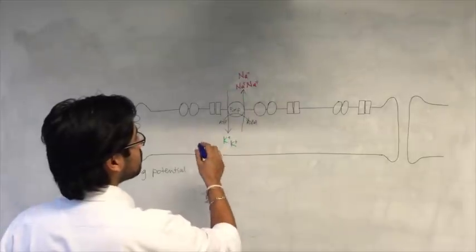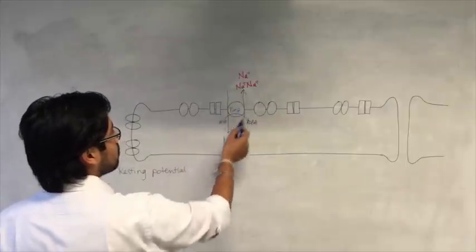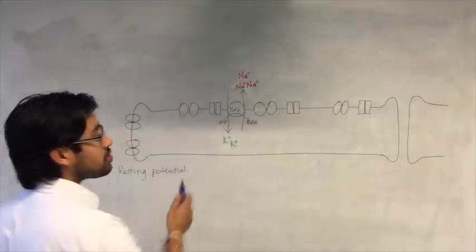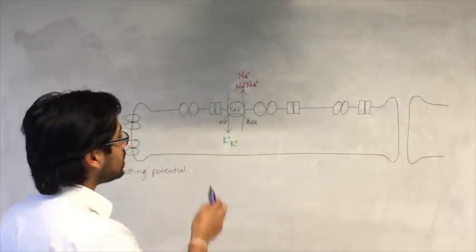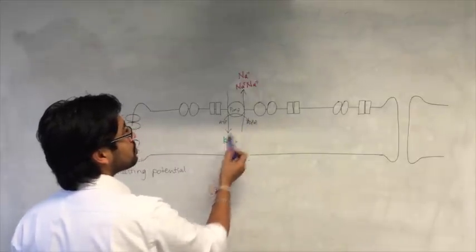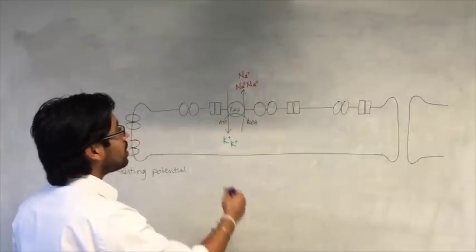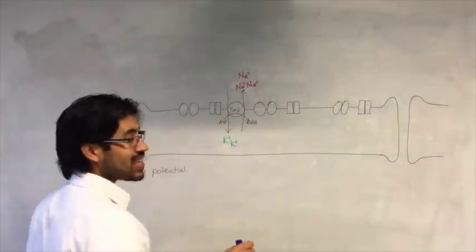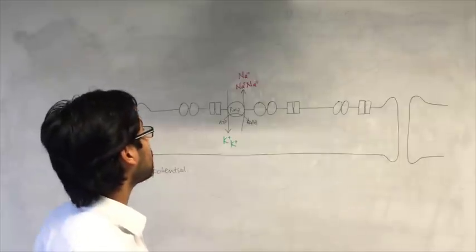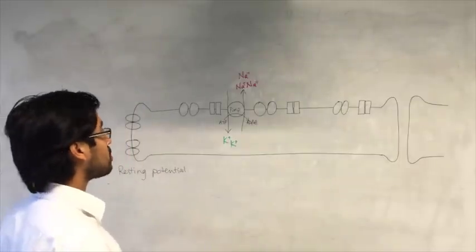Now, the reason for this imbalance is due to our first player, the sodium-potassium pump. It uses the energy from the breakdown of ATP to ADP plus a phosphate group, so it's using energy to move these ions against their concentration gradients, as well as the electrical gradient.